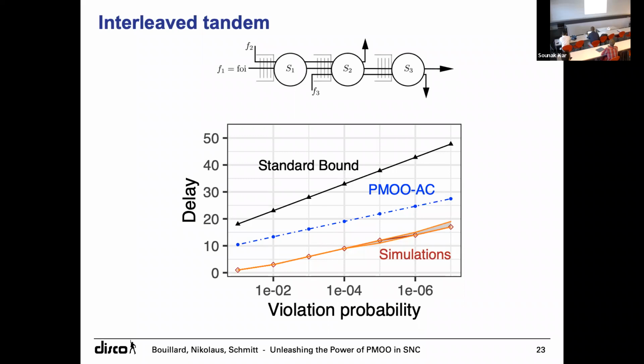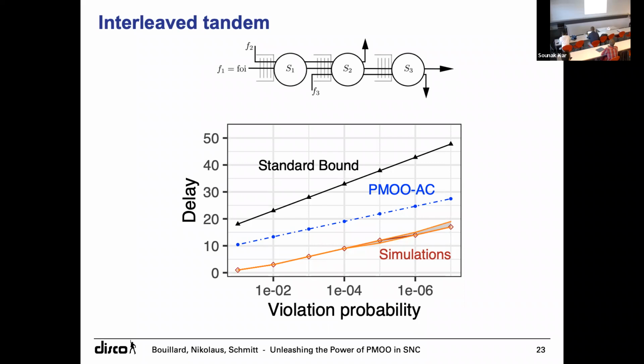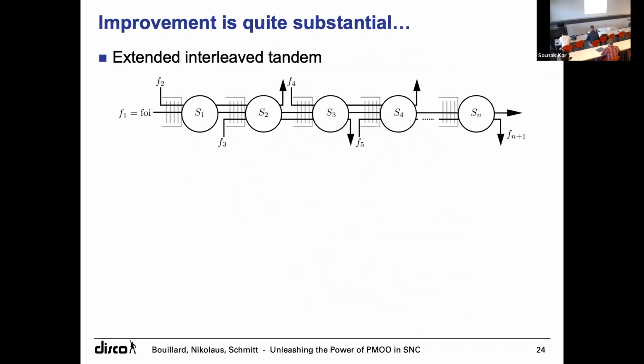Okay. And if we keep the shape here but extend the length, then of course the impact is much more substantial compared to this toy example. This is what we call the extended interleaved tandem.